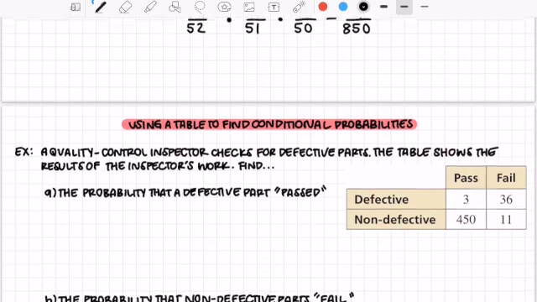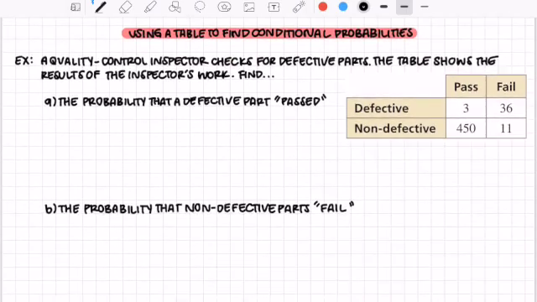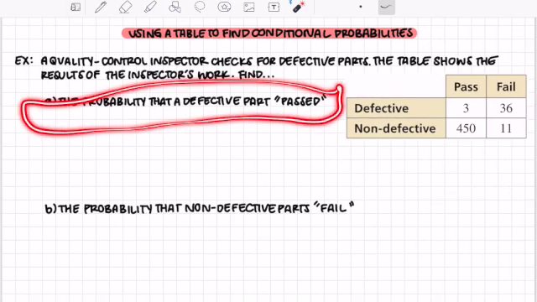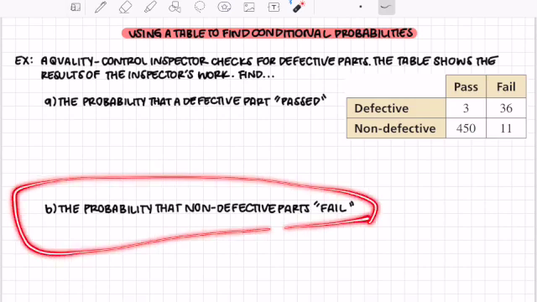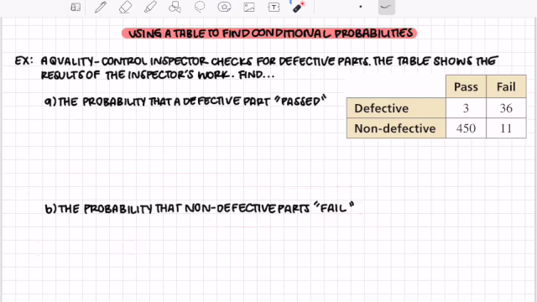Okay, last one. So using a table to find the conditional probabilities. A quality control inspector checks for defective parts. The table shows the results of the inspector's work to find the probability that a defective part is passed, and the probability that a non-defective part failed.